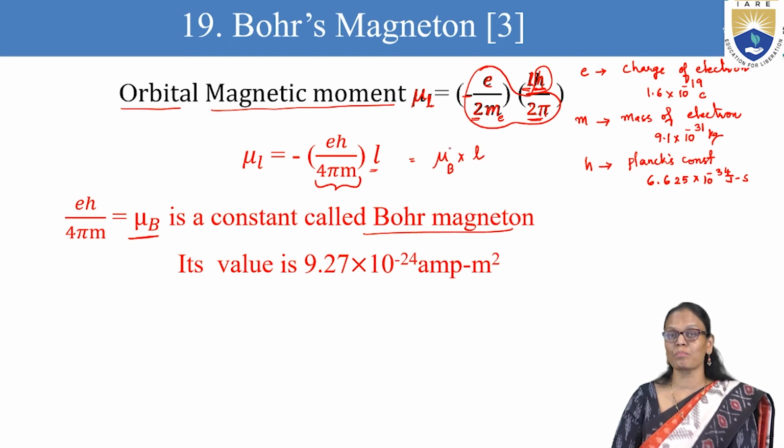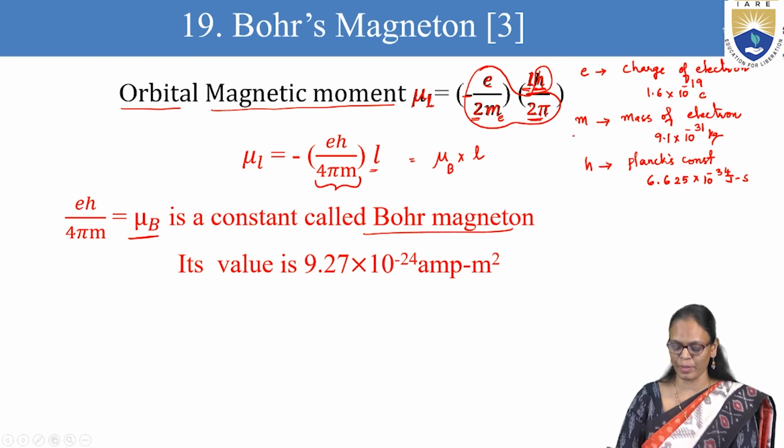Mu B is Bohr's magneton, given by eh by 4 pi m, whose value is constant. When we substitute all these values and simplify, we get 9.27 into 10 power minus 24 ampere meter square. This is the value of Bohr magneton.